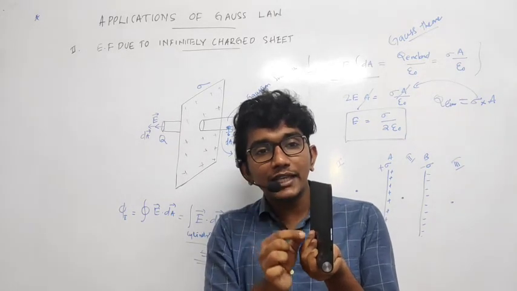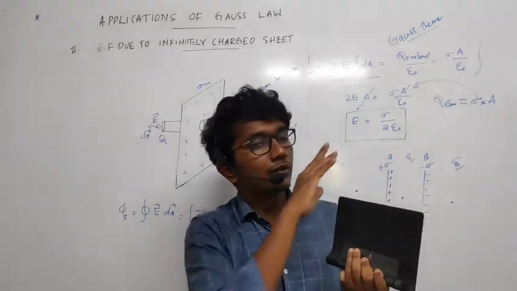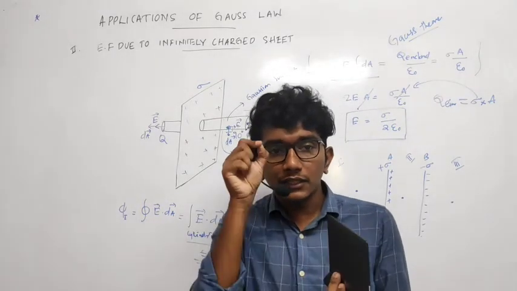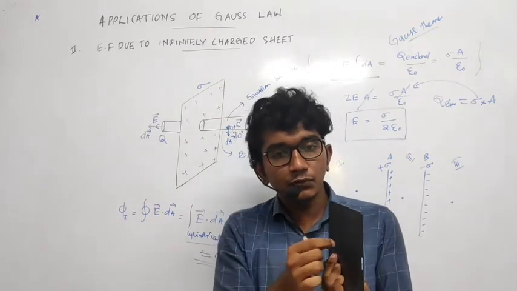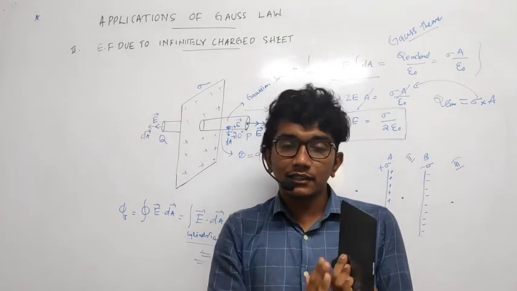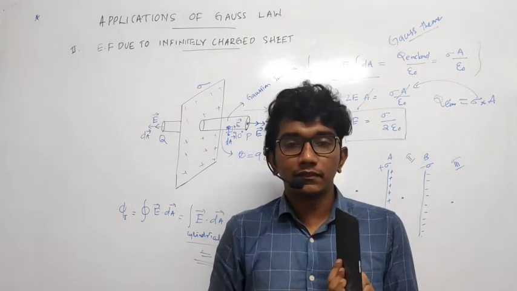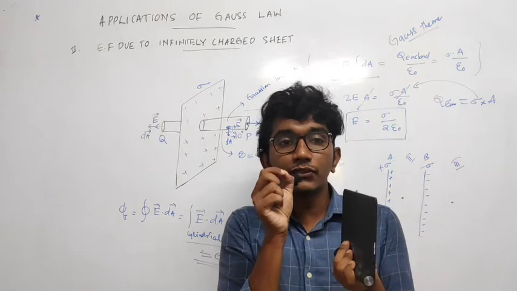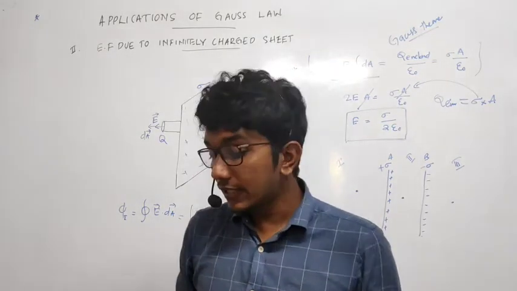Then it will feel an electric field sigma by 2 epsilon 0. Why? Because compared to the distance from the sheet, the size of the sheet is very large, so the charge will feel that it is an infinitely large sheet.